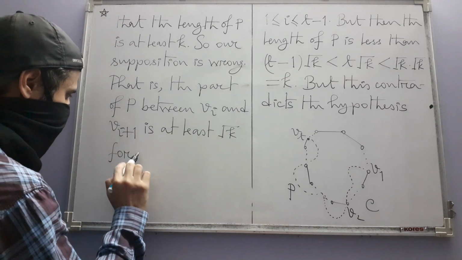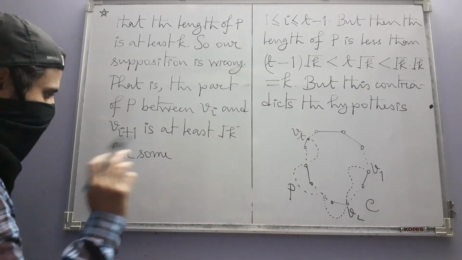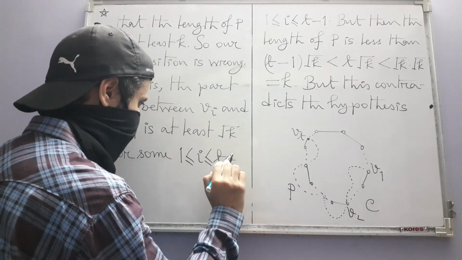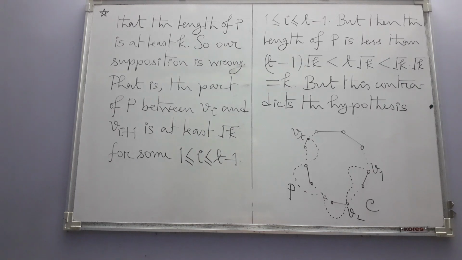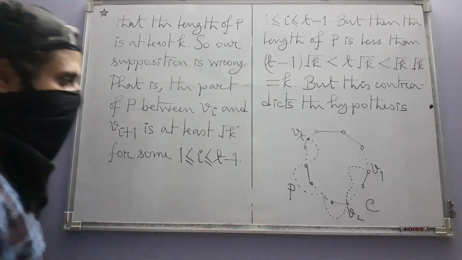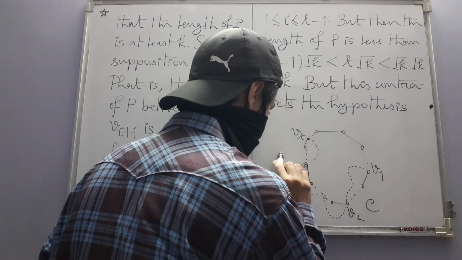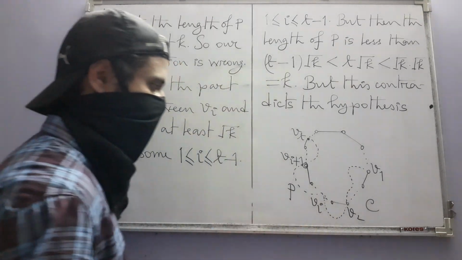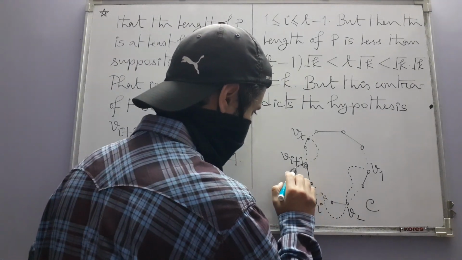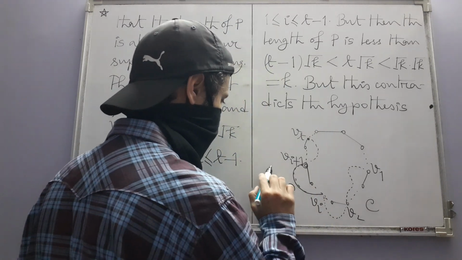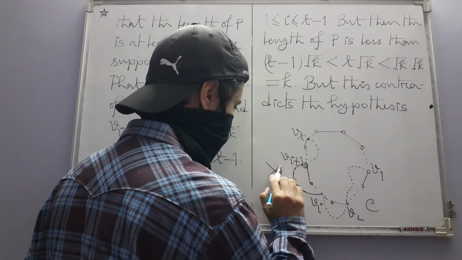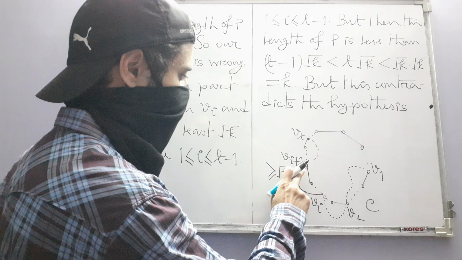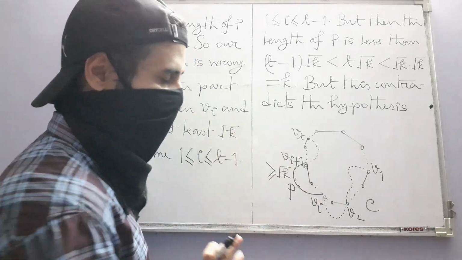For some, or for at least one, same meaning, for some i in this range. But then what? Say this is v i plus 1, just for the sake of understanding. Suppose this is v i plus 1 and this is v i. So now what we have known is that the length of this part is greater than or equal to square root of k, but it's only a path between v i and v i plus 1.